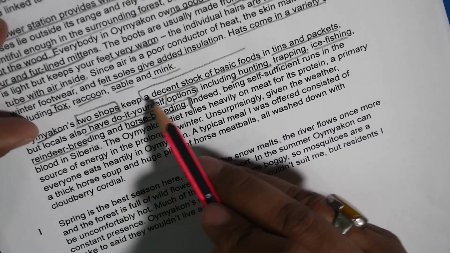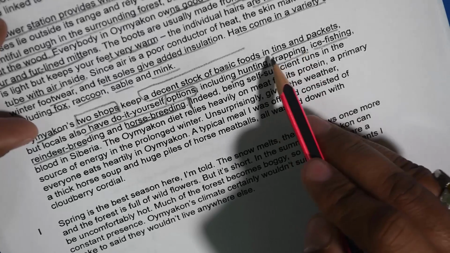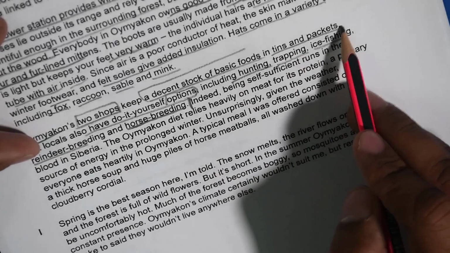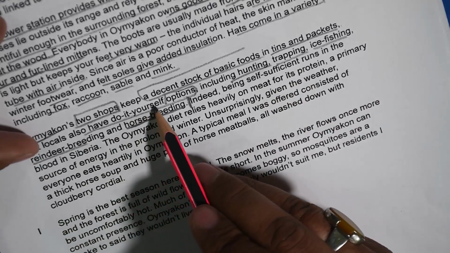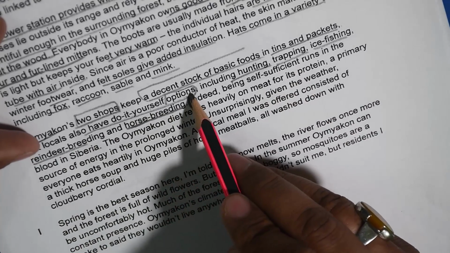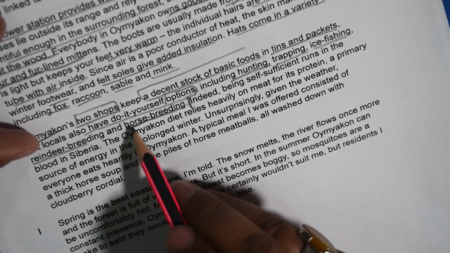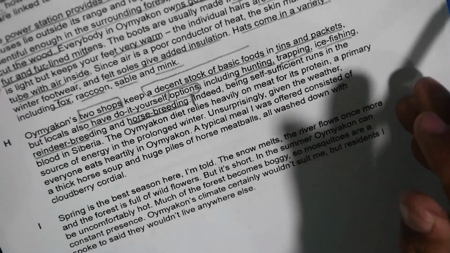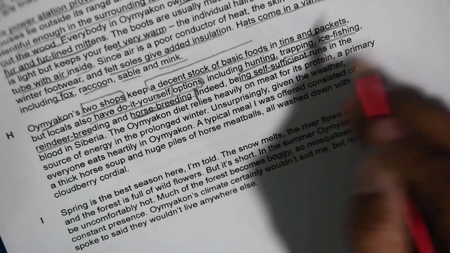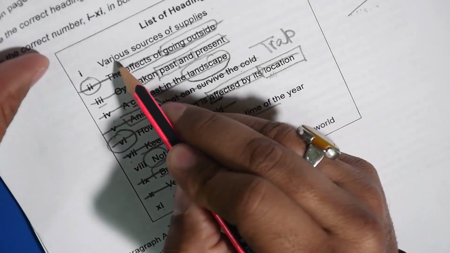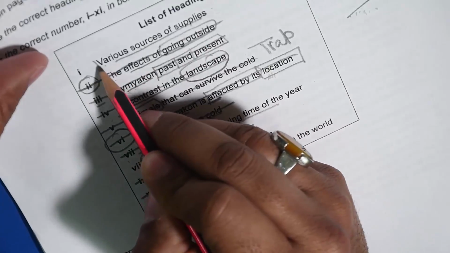Oimayakon's 2 shops keep a decent stock of basic food, and tins and packets they have, but locals also have do it yourself options. What are those options? Hunting, trapping, ice fishing, reindeer breeding and horse breeding. Indeed, being self-sufficient runs. So let's see the headings which we have. Various sources of supplies. Why not?